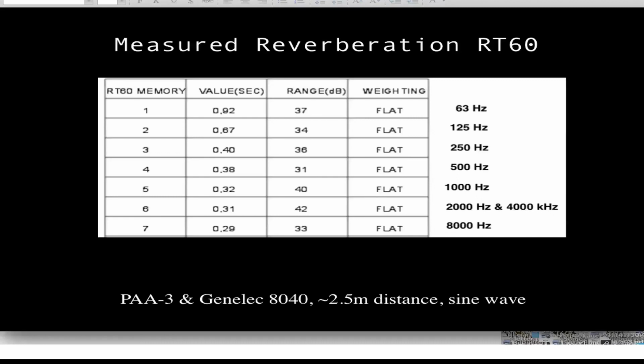A comparative measurement was done with a PAA3 unit, also in 2.5 meters distance, using a sine wave as an exciter. And as you see, similar results for the room reflection.